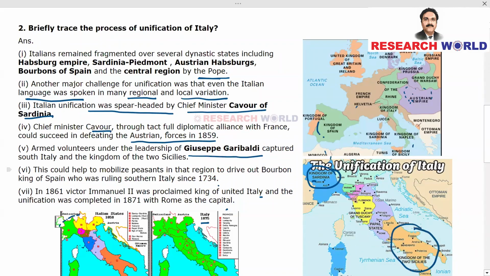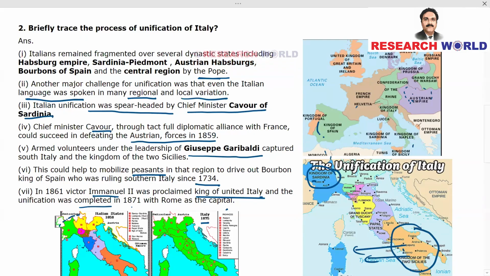This could help to mobilize peasants in that region so that the King of Bourbon, who is from Spain and had been ruling this part of Italy since 1734, was finally driven out of southern Italy. In 1861, finally, Victor Emmanuel II was proclaimed King of United Italy, and the unification was completed in 1871.